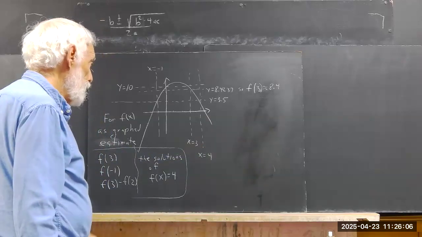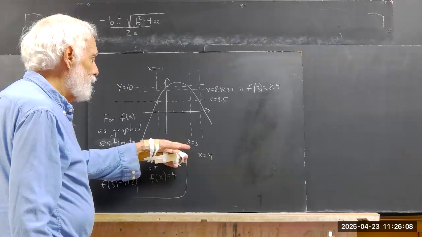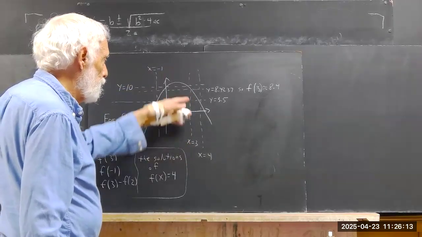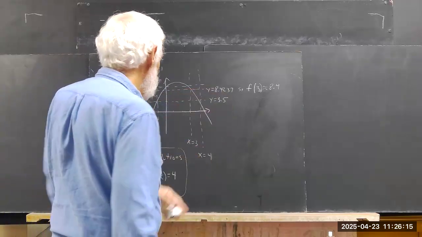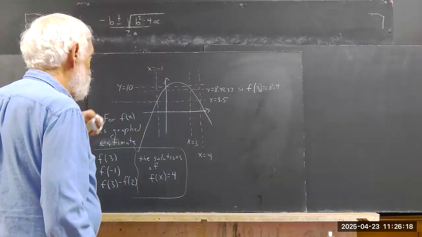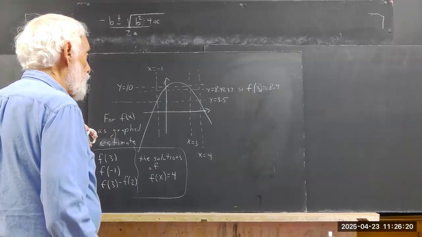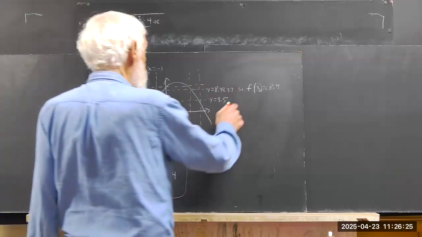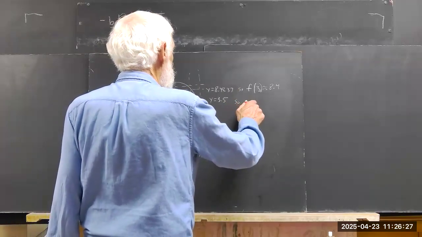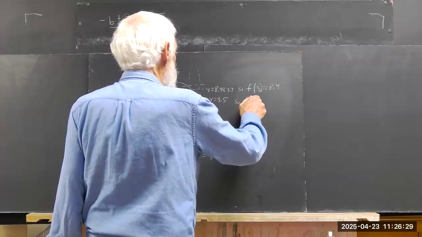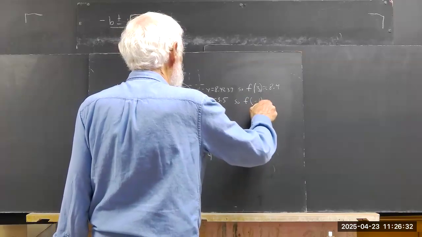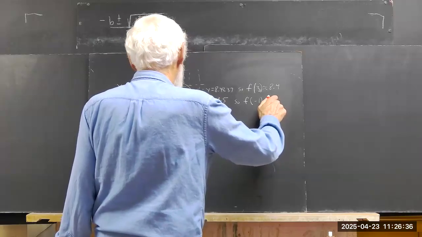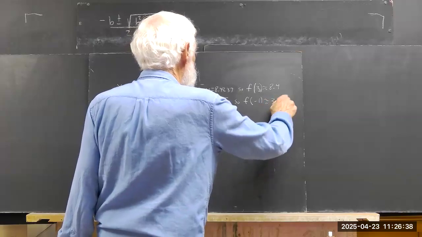Since this point corresponds to x equals 3 and y equals 8.72, that's what our f of 3 is. So f of -1 is approximately, what did I say, 3.5, right there in front of me.